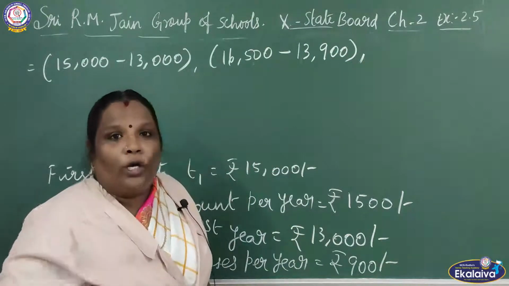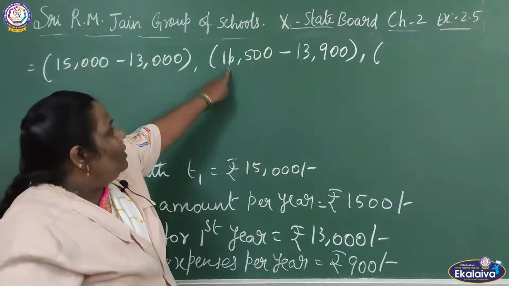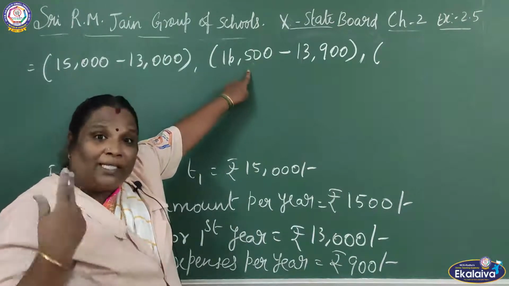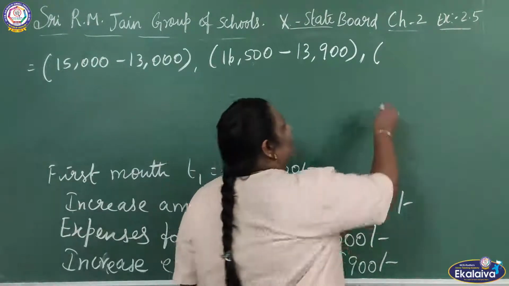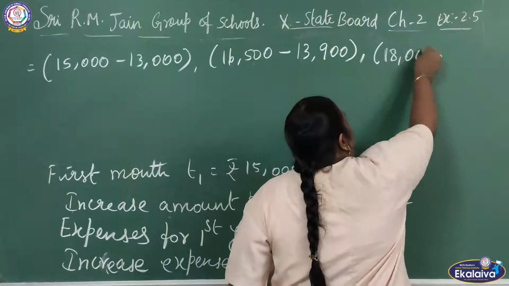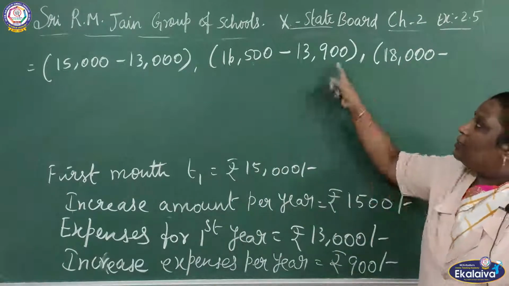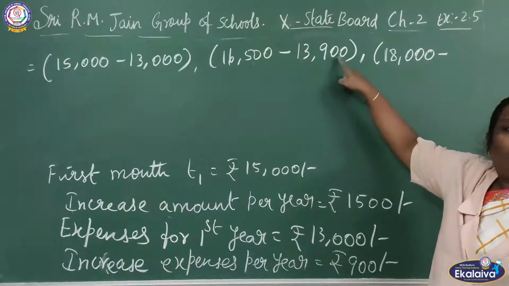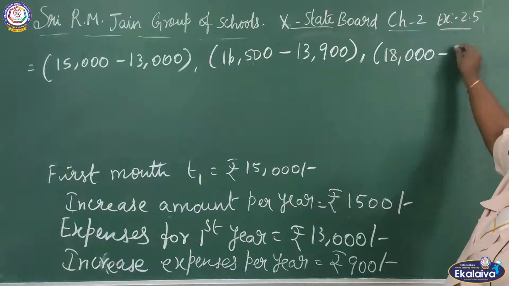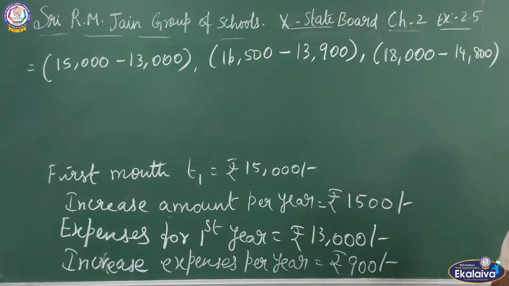You move on to the third year. 16,500 plus 1,500, increased by 1,500, it's nothing but what? 18,000 minus. Her expenses also increased by 900. 13,900 plus 900, it gives what? 14,800.